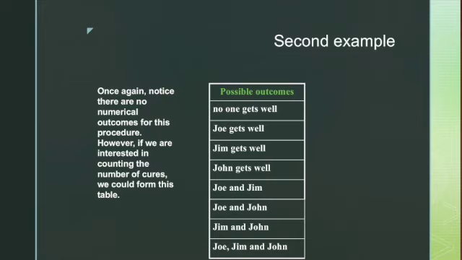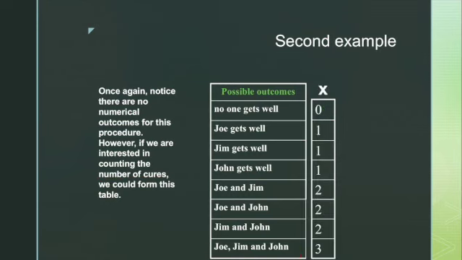Jim gets well would be 1. Same with John. And here I'd have 2 people get well, and if everyone got well, we'd have 3. So now I have a random variable x that can take on 4 different possible values: 0, 1, 2, or 3. So here we have a random variable assigned for our procedure.